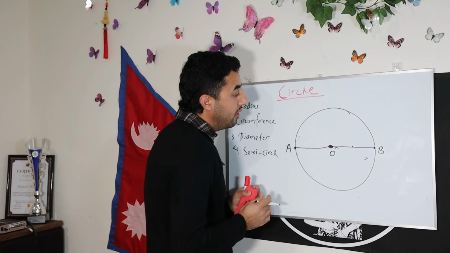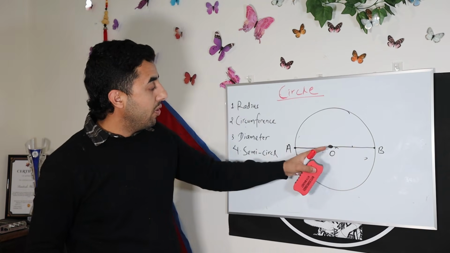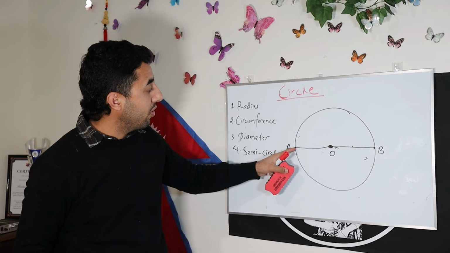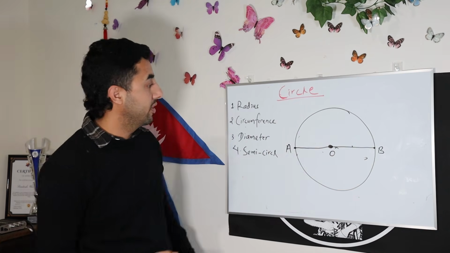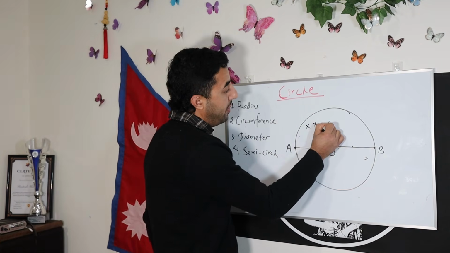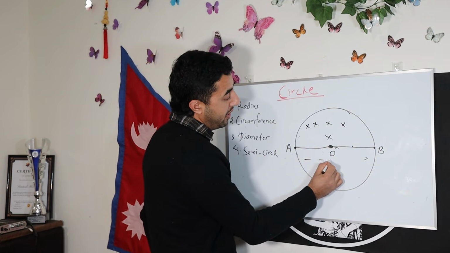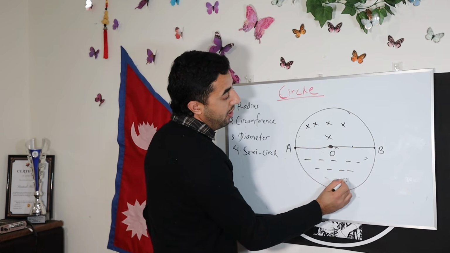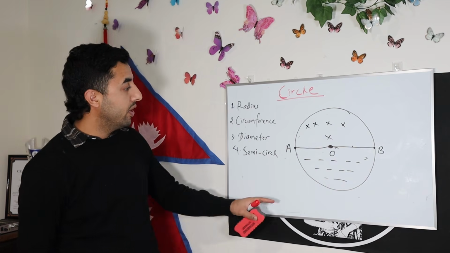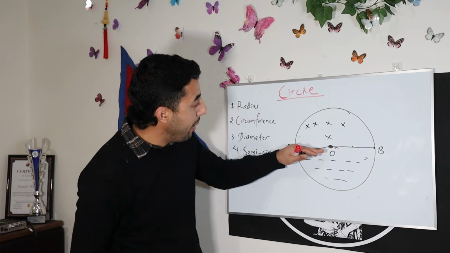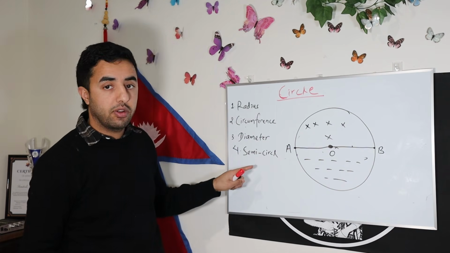O is the center of the circle. Diameter of a circle always divides the circle into 2 equal parts, and that 1/2 part is known as the semicircle.